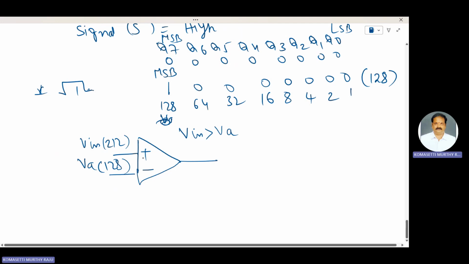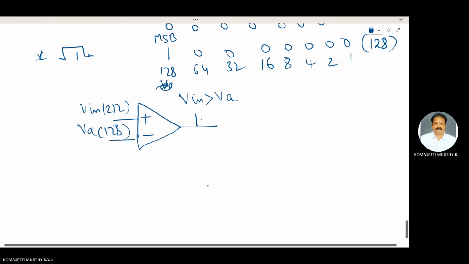Vin is connected to the non-inverting terminal of the op-amp, and VA is connected to the inverting terminal. When Vin is greater than VA, the output of the comparator, one of the building blocks of the successive approximation analog to digital converter, is 1.